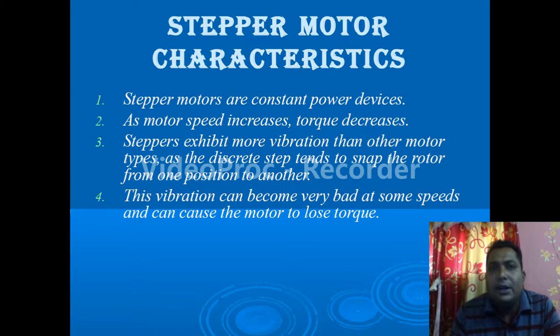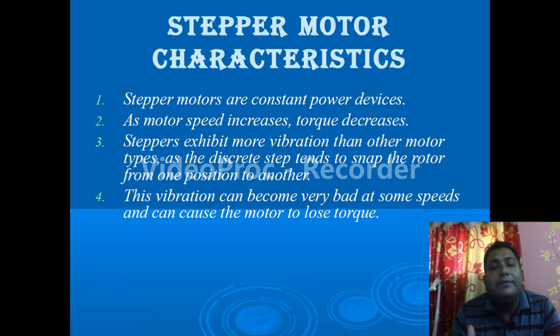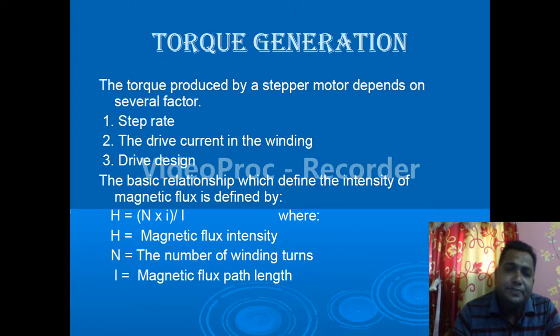Sometimes it moves one step, sometimes it moves 5 steps. So as per our need we can move it. That's why there is higher vibration than in other motors. The vibration can become very bad, and some speeds can cause the motor to lose torque. So these are the characteristics of this stepper motor.